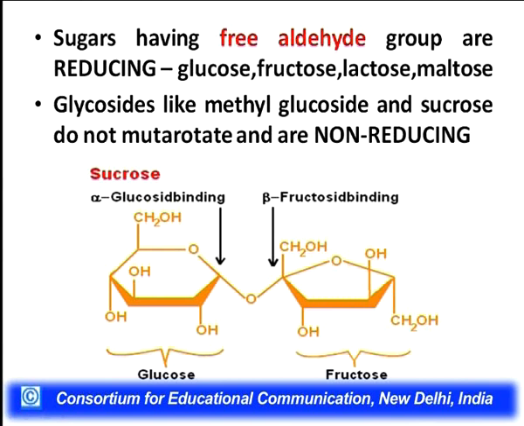So sugars having free aldehyde groups are reducing, for example glucose, fructose, lactose and maltose. Glycosides like methyl glucoside and sucrose are non-reducing and do not mutarotate, as the linkage is formed between the anomeric carbons, so both anomeric carbons are involved in acetal formation.